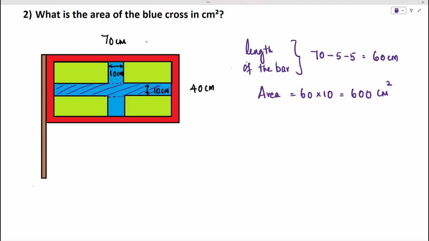Now we have 2 remaining sections. We can join these 2 sections together. We know that the width of both of those sections is 10 centimeters, as given on top. Then we have the 5 centimeters on both ends that have been subtracted from the 40 centimeter width of the flag.